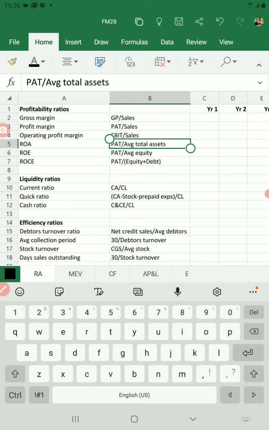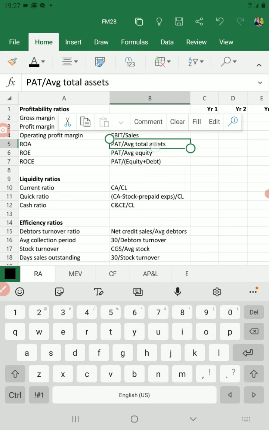Now because the transactions from the income statement are captured during a period, for example during a month or during a year, while the transactions at the balance sheet are captured as at the end of that period. If it's a month, at the end of the month; if it's a year, at the end of the year.